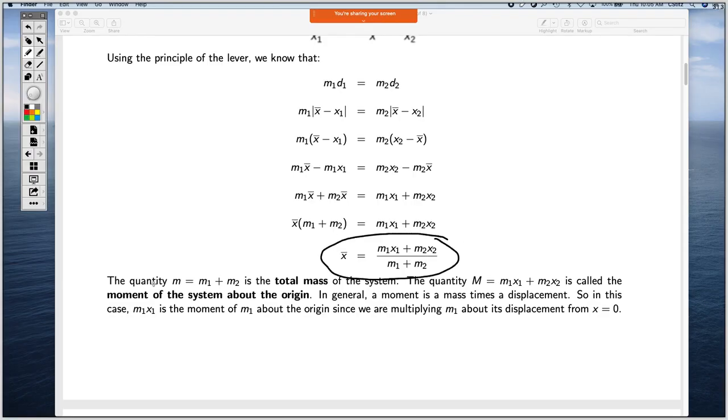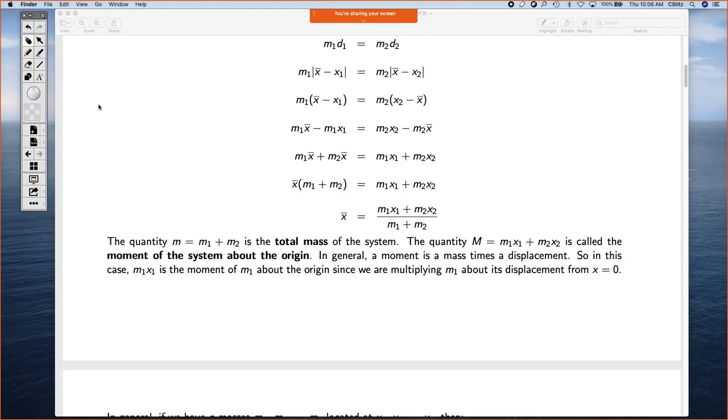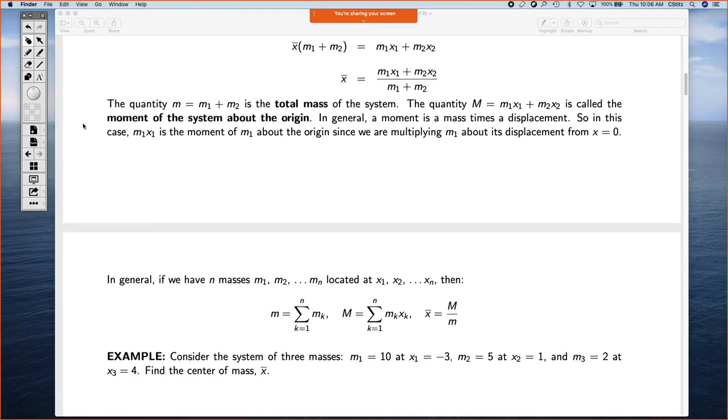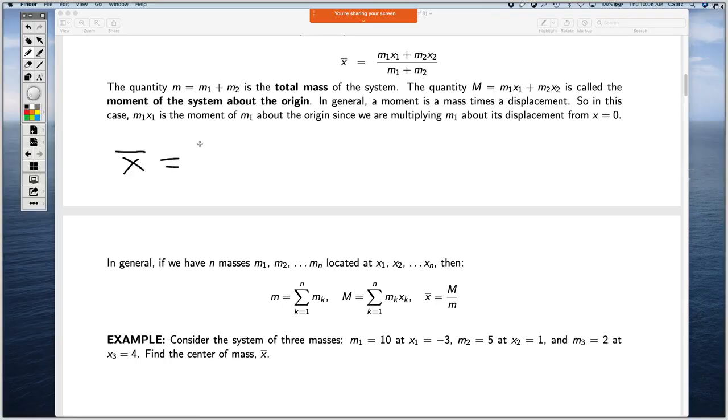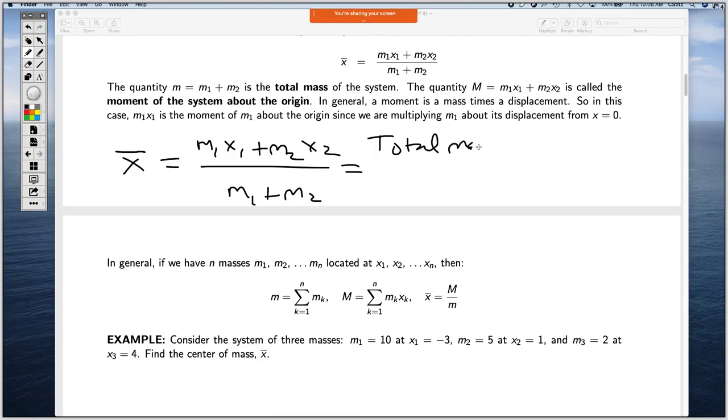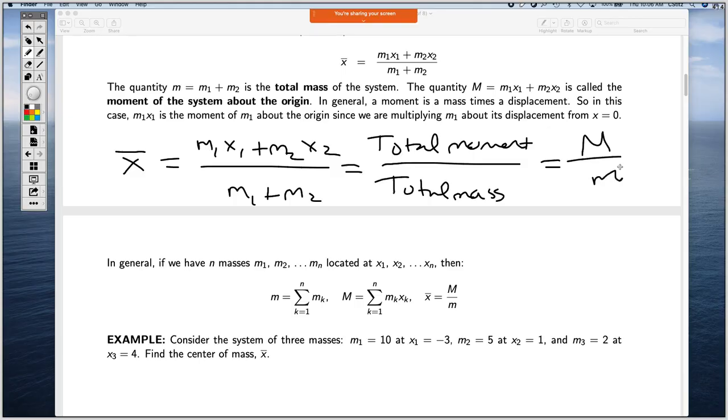And so if you look at what the x bar is actually equal to, x bar is m1 x1 plus m2 x2 over m1 plus m2. So the numerator here is the total moment of the system, and this is the total mass of the system. So the total moment here, we call that capital M. The total mass, we call that little m.